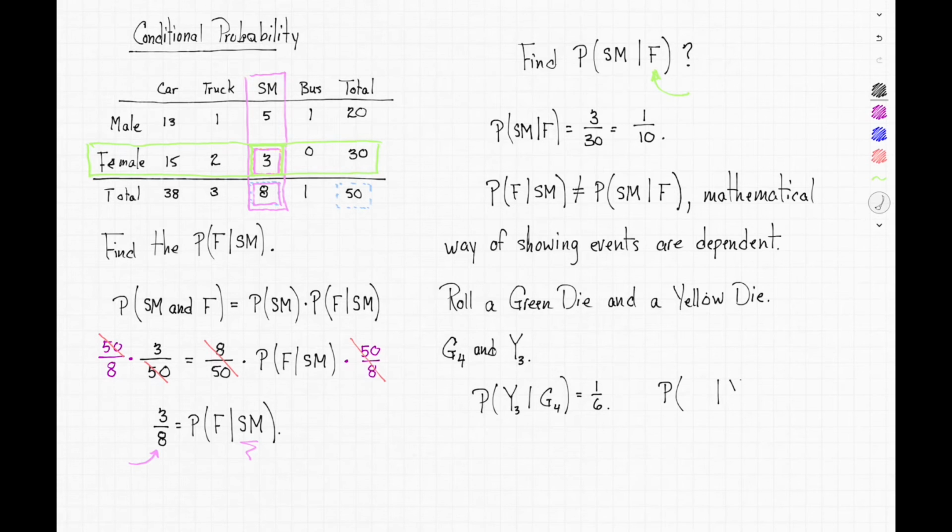Okay, what if I change that now? What's the probability that the yellow die lands with a 3, and then that the green die gives me a 4? Well, what happens with yellow in no way affects what happens on the green. So those probabilities are equal.